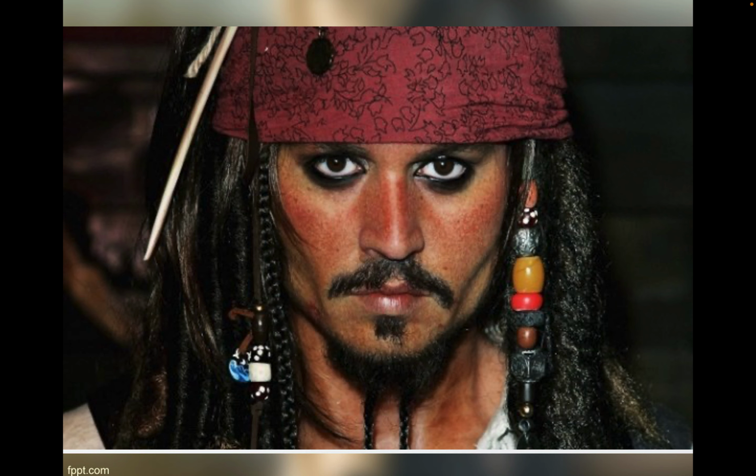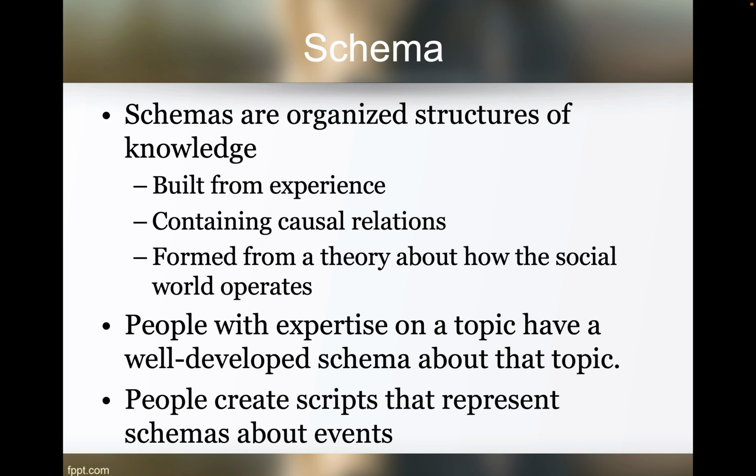Interesting stuff. Okay, schemas are organized structures of knowledge. We build our schemas from experience. Our schemas usually contain causal relations. They're formed from a theory about how the social world operates. People with expertise on the topic have well-developed schemas about that topic.